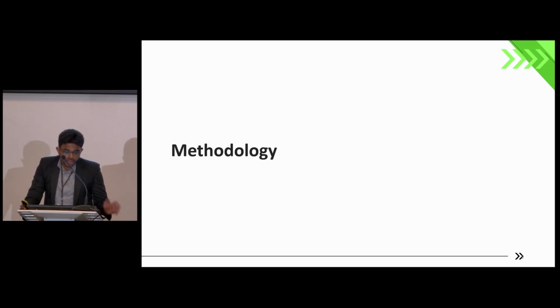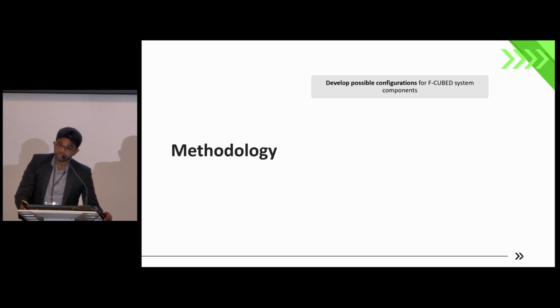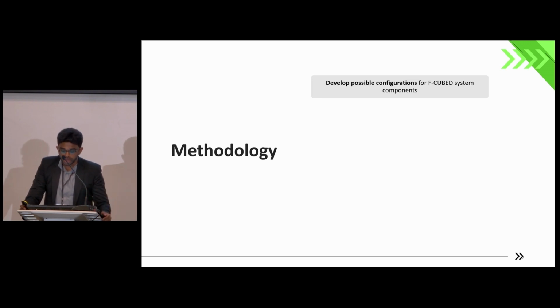So the main idea is to utilize these component configurations and then develop a supply chain out of it. So the methodology I used was to develop possible configurations of the F-cube system initially using the components identified. So we have the FDD system, which is the feed conditioning, which is at the wet residue site, which cannot be transported. So I'm assuming that the wet residues are not transported, and it's at the site of the wet residue.